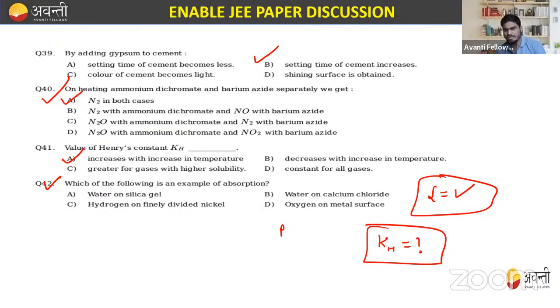Water on silica gel, water on calcium chloride, hydrogen on finely divided nickel, or oxygen on metal surface. Yes, beta, that is option B, water on calcium chloride. Water on calcium chloride is an example of absorption.